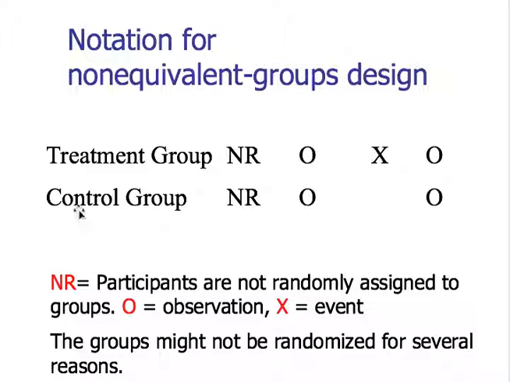At a similar time, a control group is not randomly assigned, is observed, does not have the treatment, and then has an observation after a lack of event. In this notation, NR refers to no random assignment to groups. The O refers to the observation, and the X refers to the event. There may be several reasons why one would not be able to do random assignment.